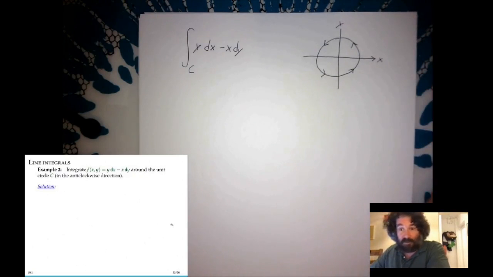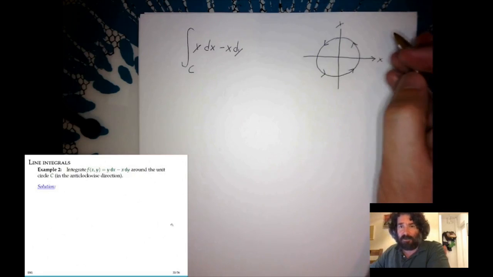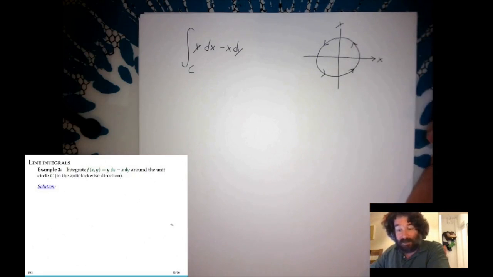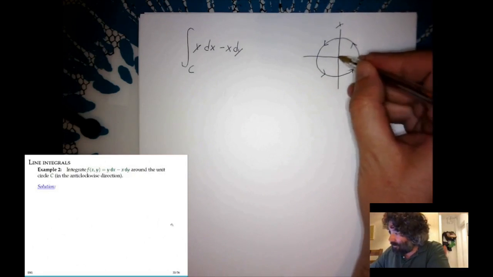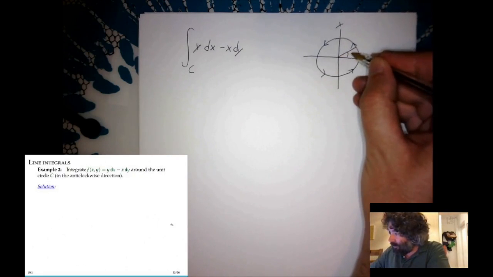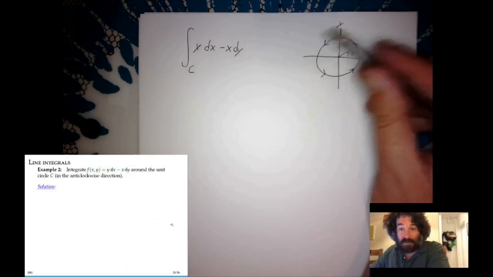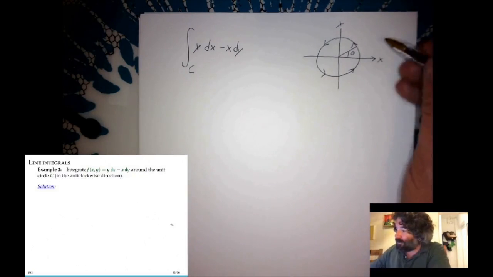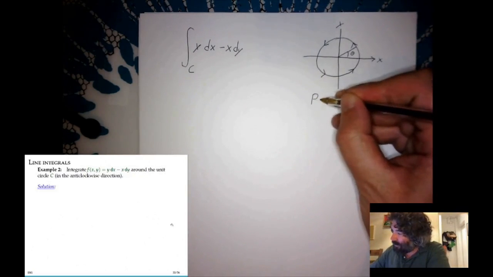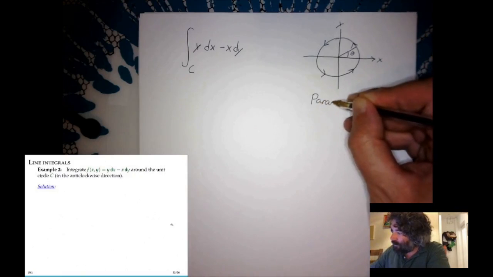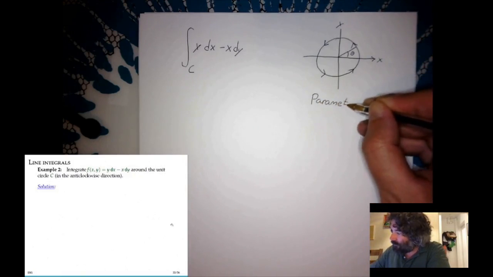Well, there's always more than one way to parameterize, but with a circle, the very natural thing is to use the angle. So we start out with angle 0, and then we go to angle theta at some later time. This is much like using polar coordinates to describe points on the unit circle. And so we parameterize, in this case, the easiest thing to do is to parameterize using the angle.